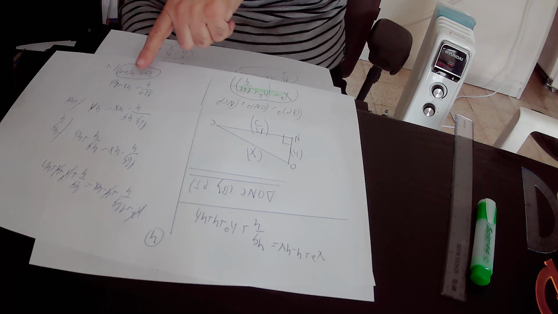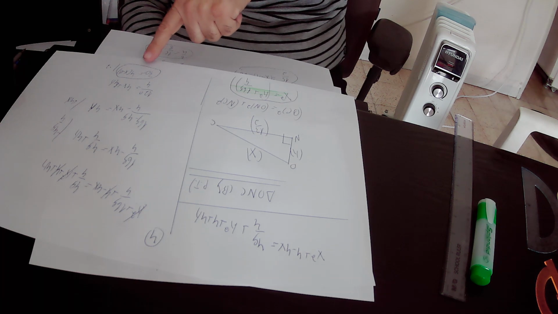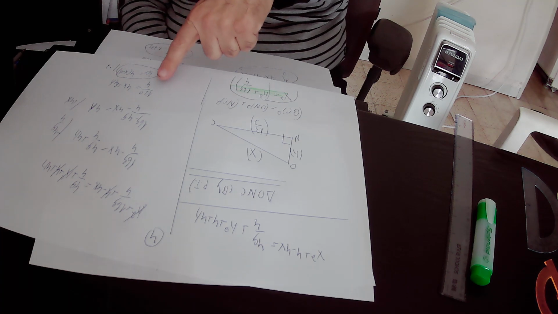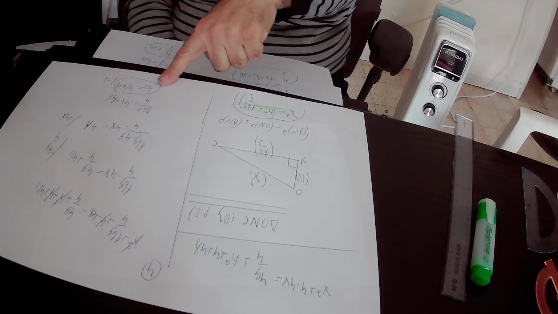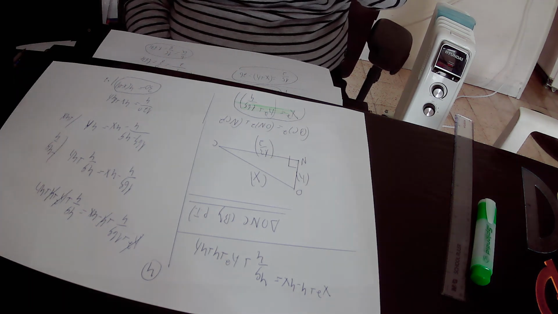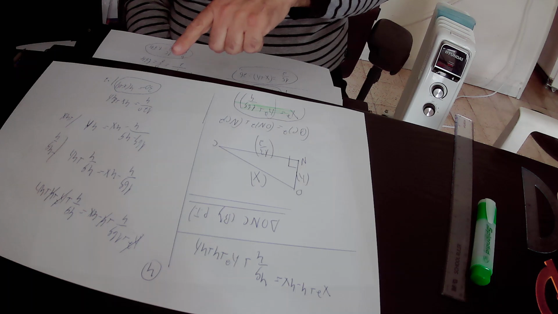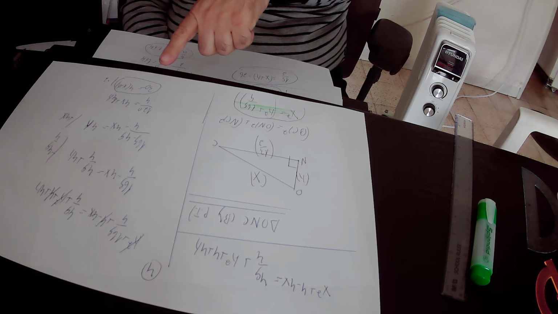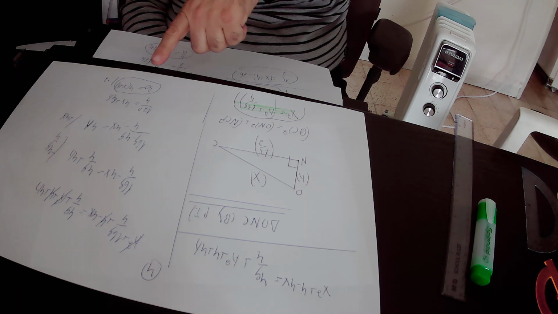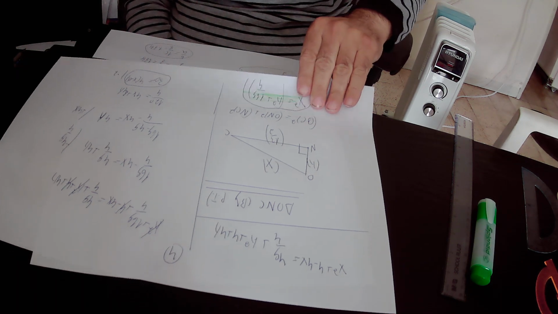Here we took 4 as a common factor from those two expressions, so inside the brackets we are left only with x plus h. So this expression in total equals to 4 times x plus h, and 120 over 4 is 30. So in total we found out that 30 equals to 4 times x plus h. Then we divided this equation by 2, 30 over 2 is 15, and 4 over 2 is 2. So in total we found out that 15 equals to 2 times x plus h.